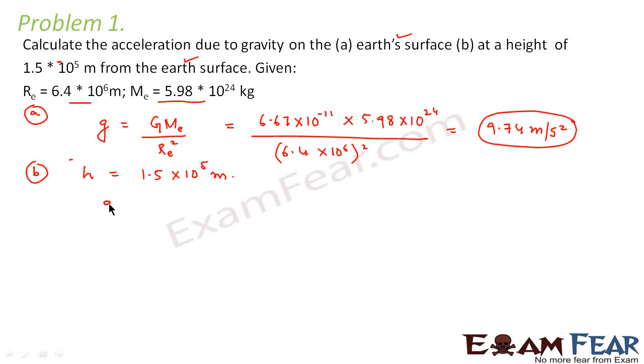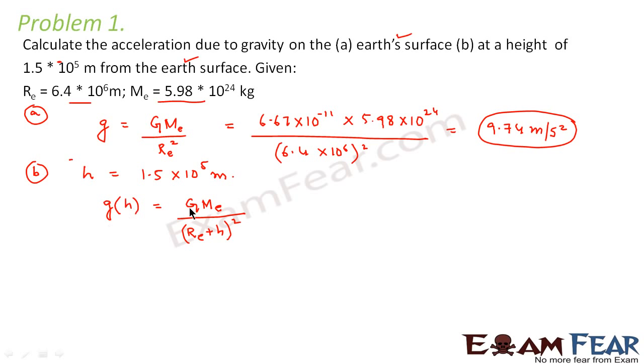Now from what we have derived some time back, we already saw that the value of acceleration due to gravity at a height of h from the surface of the Earth is capital G Me divided by (Re plus h) whole square, right?